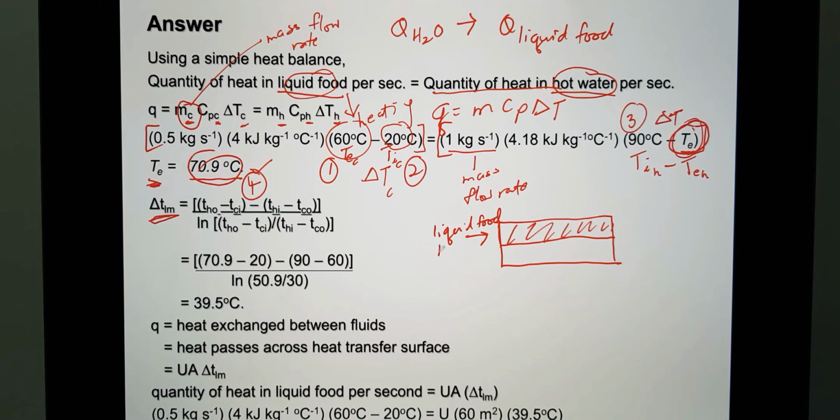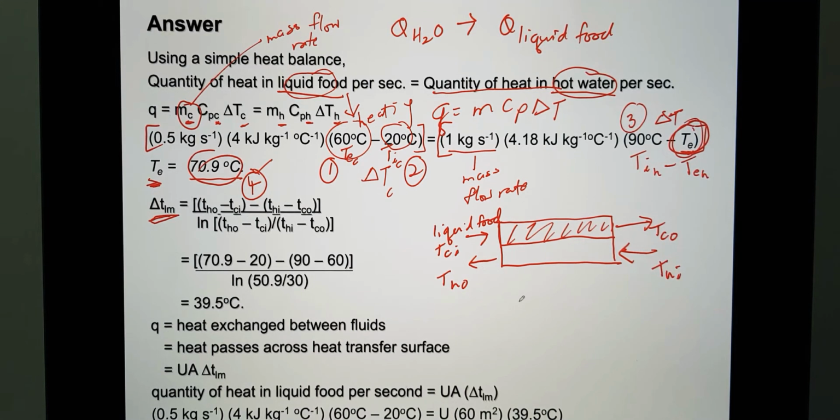This one is TCI, and then it leaves. So this one is TC out. Since it flows counter current, the direction will be opposite. On your right hand side, this one will be TH inlet, and when it exits on your left hand side, this one is TH outlet.